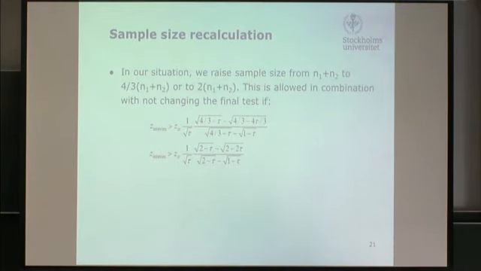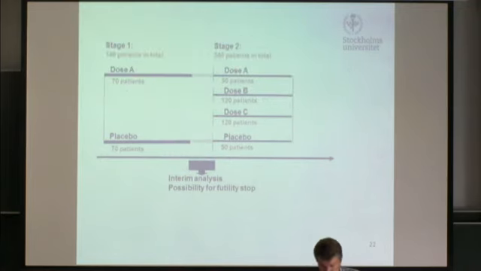So in our case, we raised the sample size from this value to either this value if we drop dose C, or this if we drop both dose B and C. Then we can calculate these values. And I calculate this for this example, which is close to the real case study, where we have 70 patients in the first stage in each group, and then a goal of 120 patients in total for the whole study, such that we have these numbers.